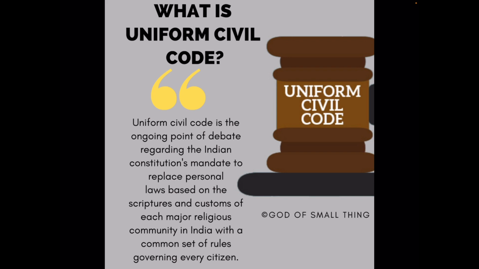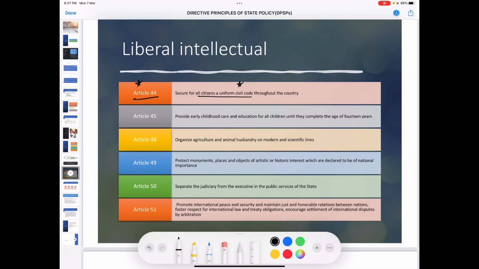One rule for all, regardless of the customs, regardless of the religion the community or the people are following or believe in, regardless of faith. There will be just one common rule for everyone, right? Now, Article 45: provide early childhood care and education for all children until they complete the age of 14 years.